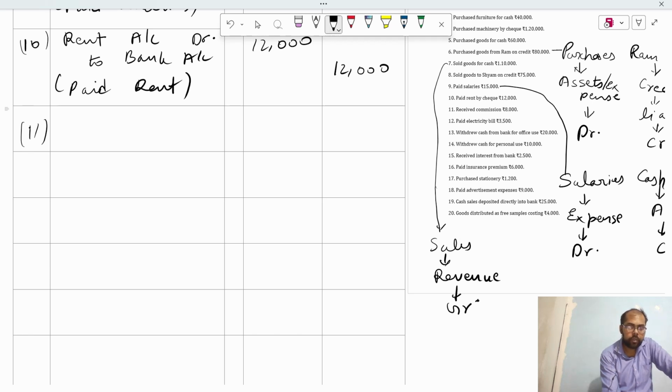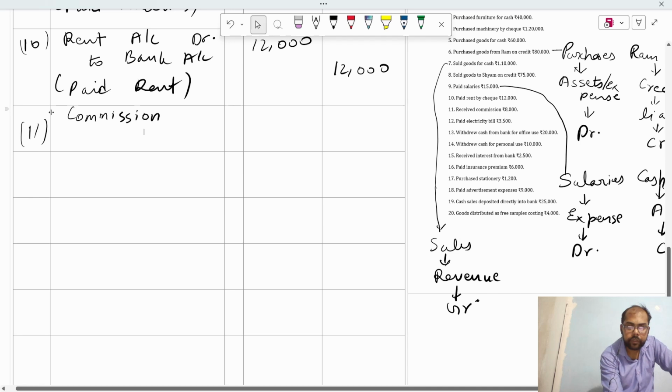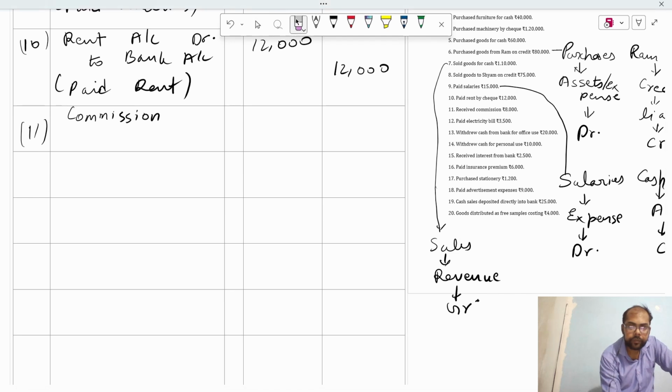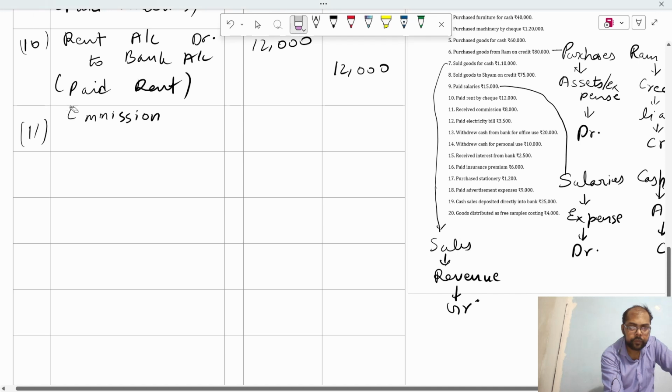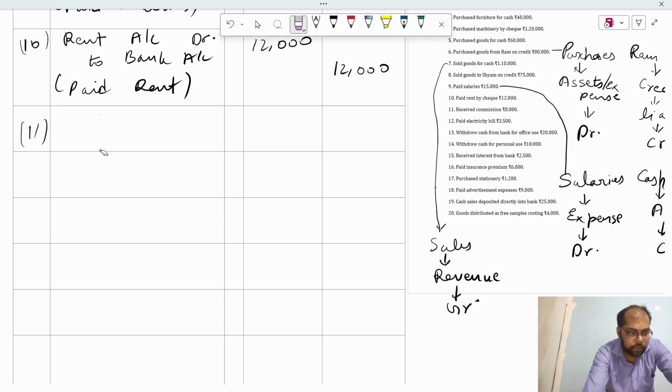So it becomes your revenue. And commission is received in cash.